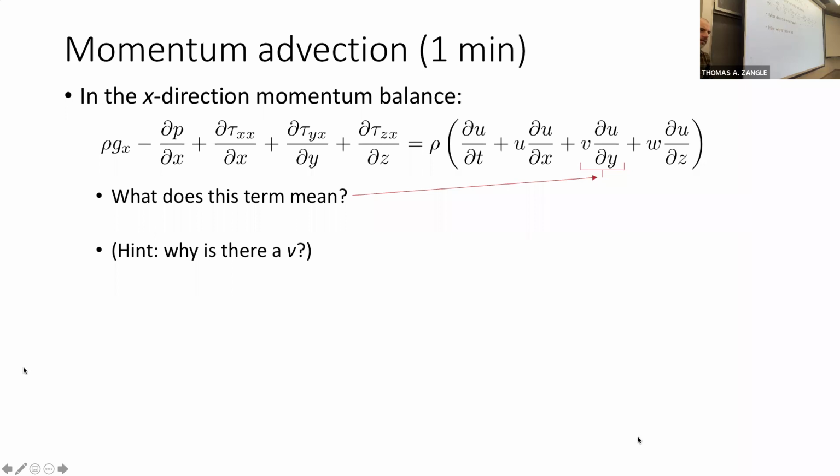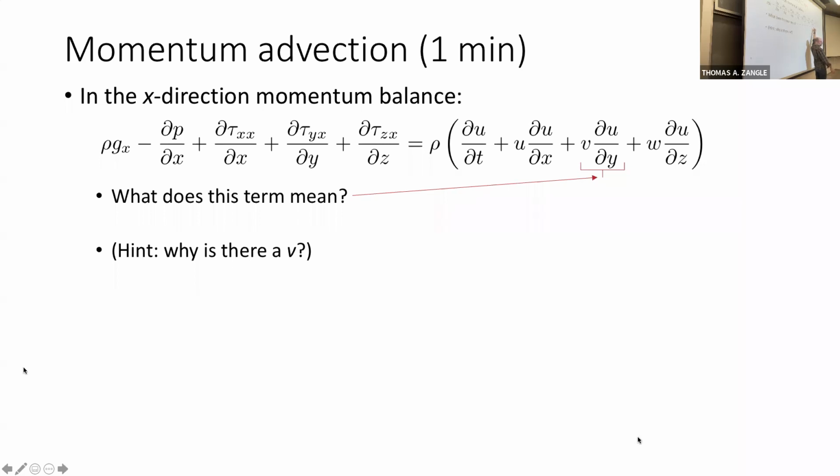All right. I see a lot of discussion coming down. Who has an answer for me? What does that term mean? Yeah. It's the movement in the y direction, right, which is the velocity in y times the gradient of the x velocity in the y direction.